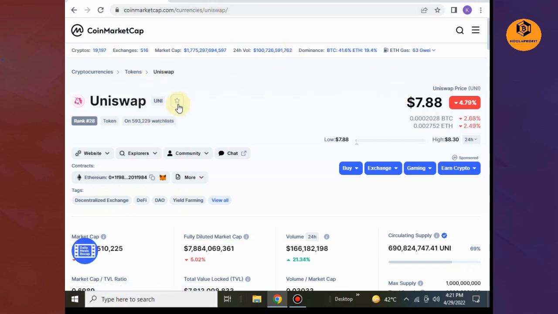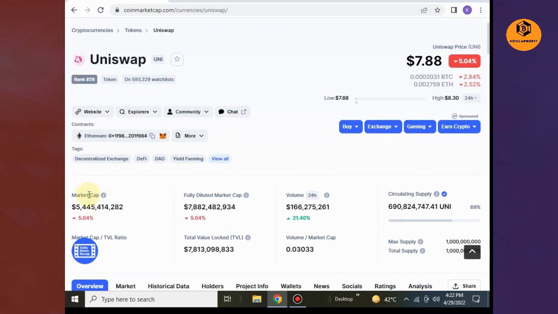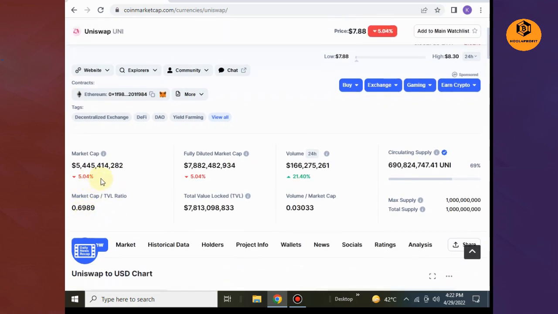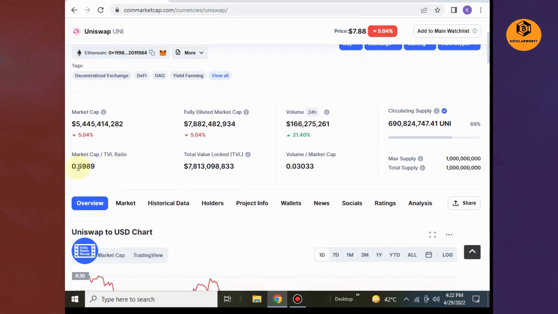Now, the current price of Uniswap is $7.88, which is 5.03% decreased, and they are saying it's ranked number 28. The market cap value of Uniswap is $5,445,414,282, which is 5.04% decreased, and the market cap to TVL ratio is 0.6989.